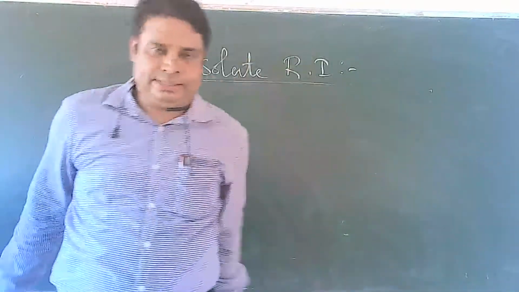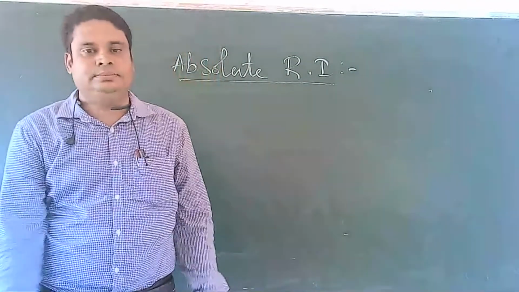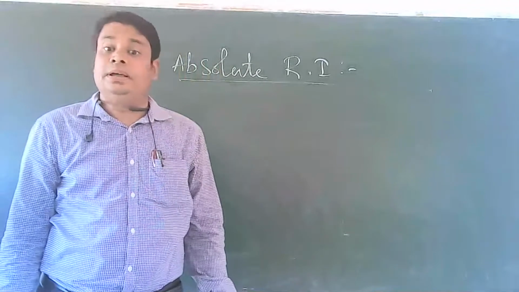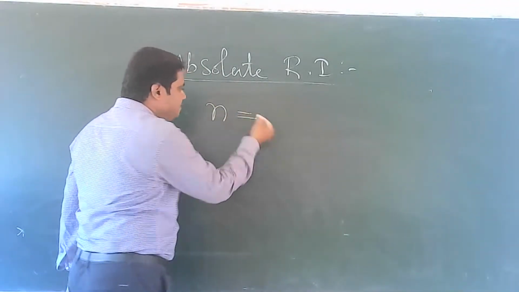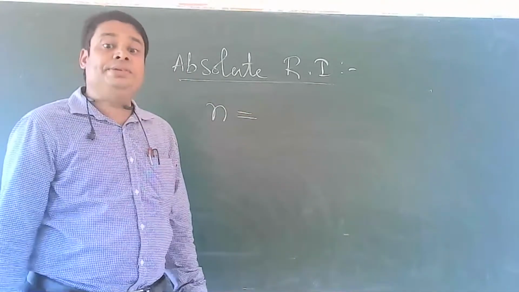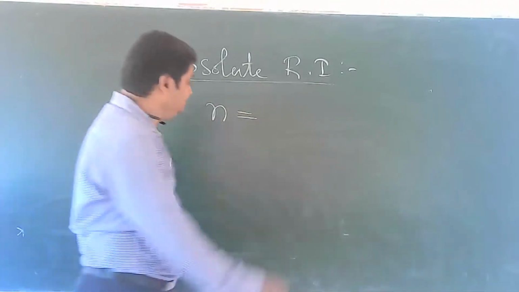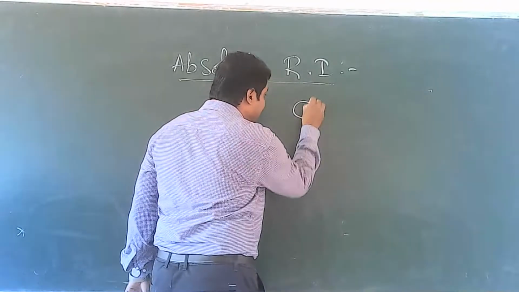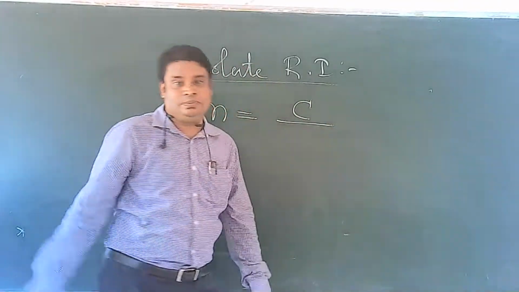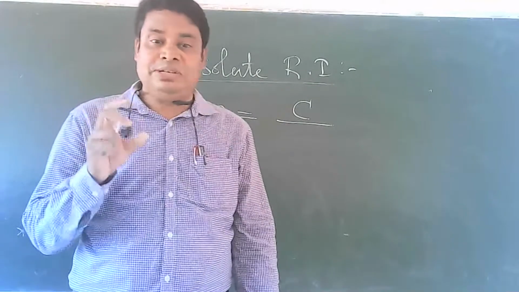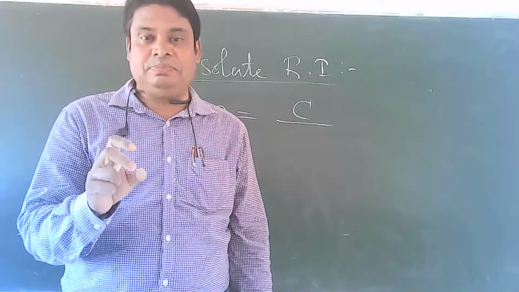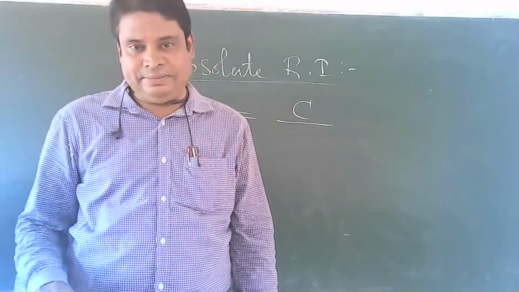What is the absolute refractive index? Absolute refractive index is represented by n. It is a ratio of the velocity of light in vacuum, which is represented by c.